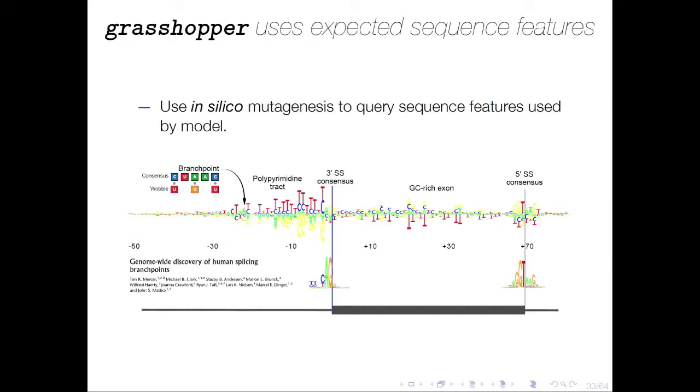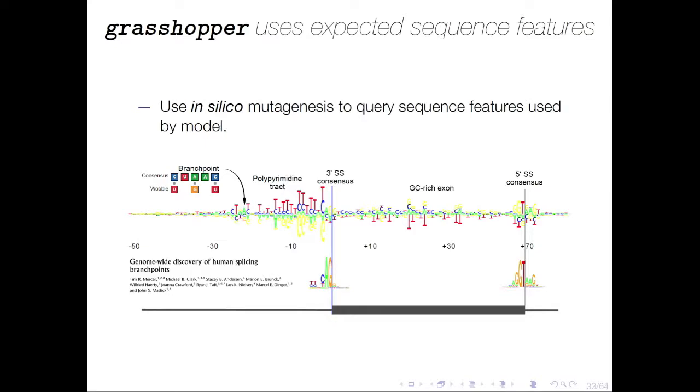We wanted to understand what features the model is using to make these predictions. And perhaps the most straightforward way to do this is to use a process called in silico mutagenesis. What this does is look at a specific 3' splice site, and then, in silico, mutate each position to the other 3 possible nucleotides, and then ask what the change in the predicted splice site strength is.